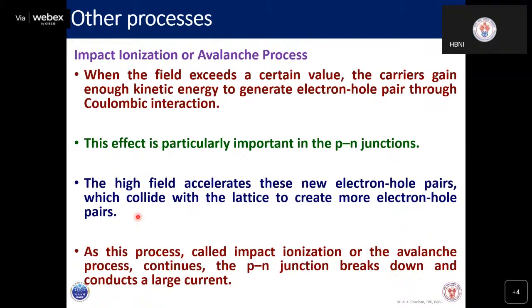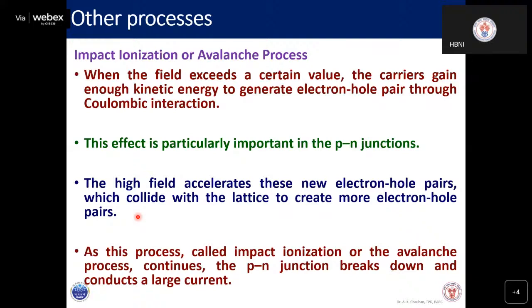Now this electron has struck an electron which was inside an atom, and it has removed that electron. Now there are two electrons. Both of them will experience the same field within a short period of time. That other electron will gain the same energy, and it will be capable of creating more and more electron hole pairs by striking.